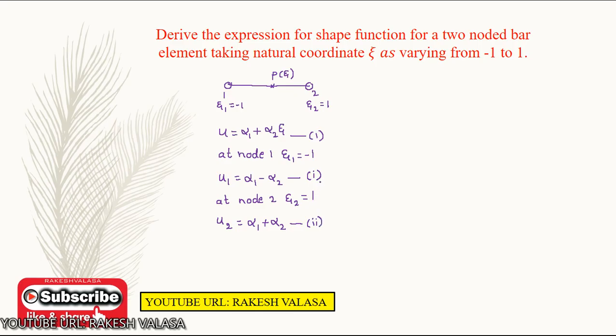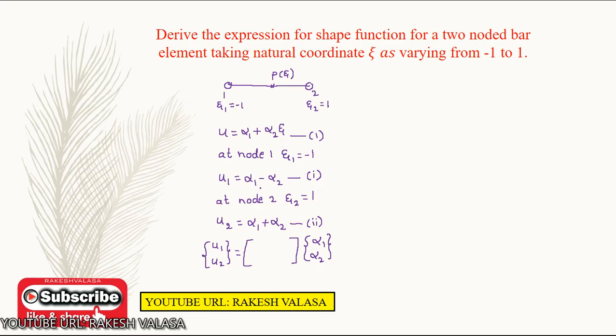By using equations 1 and 2, write in matrix form: displacement vector u1 u2 equal to the matrix 1 -1, 1 1 times alpha 1 alpha 2, where alpha 1 and alpha 2 are the coefficients.